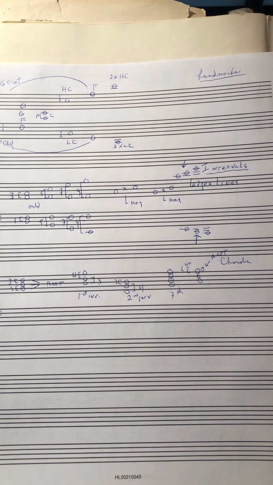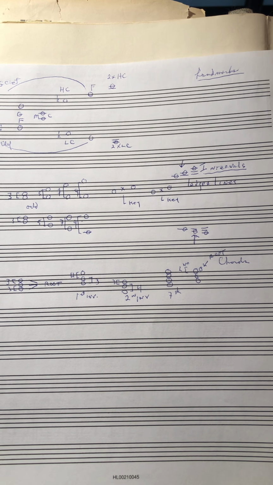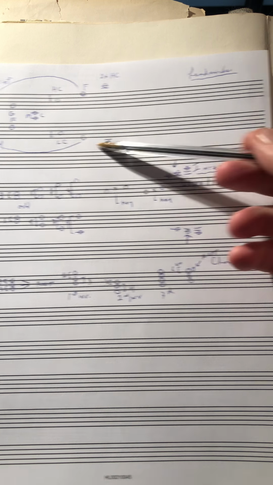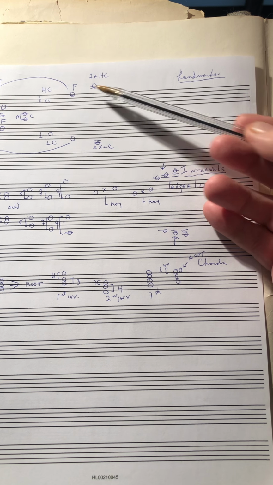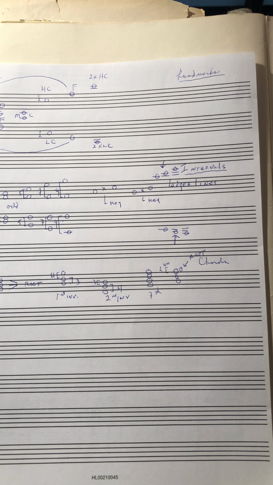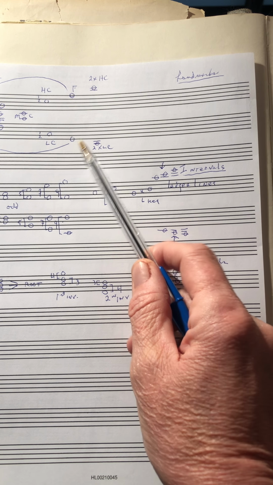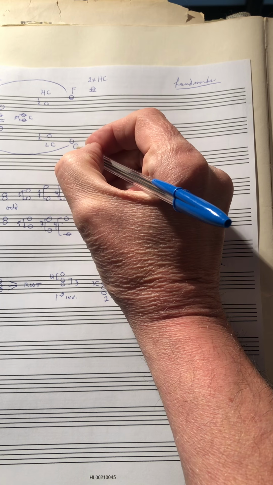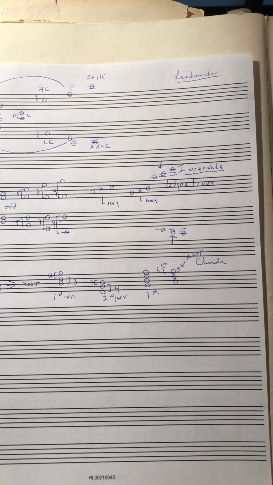High C is 2 spaces from the top line of the treble clef. Low C is 2 spaces from the bottom line of the bass clef. The top line of the G clef is the F above high C. The bottom line of the F clef is G. It is the G below low C. Then 2 ledger lines.